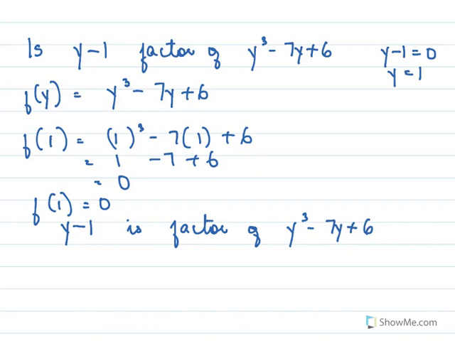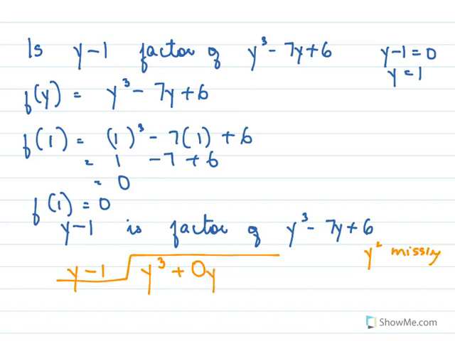Now to find the other factor, once I know one factor, all I need to do is divide. Now remember here, the y squared term is missing. So I put 0y square, minus 7y plus 6.